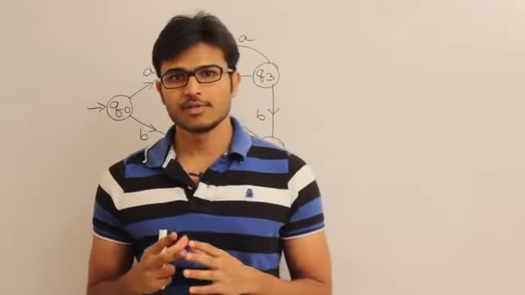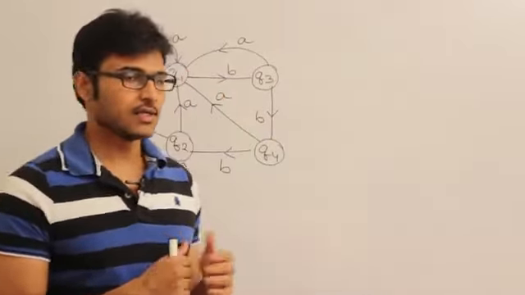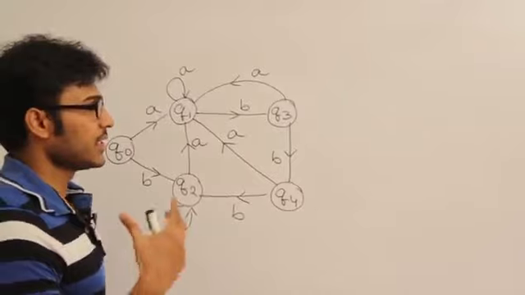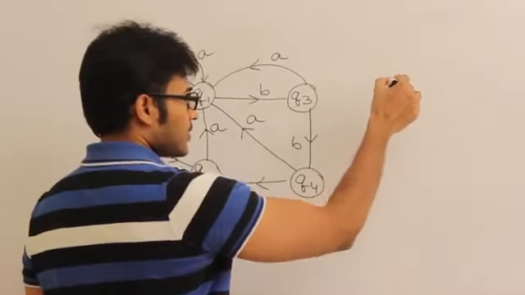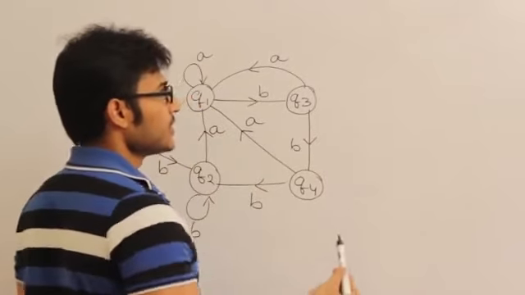Before going for minimization of a DFA, let's talk about how we can minimize it, or what are the properties that we need in the DFA so that it can be minimized. We want to talk about states and equivalence between the states.